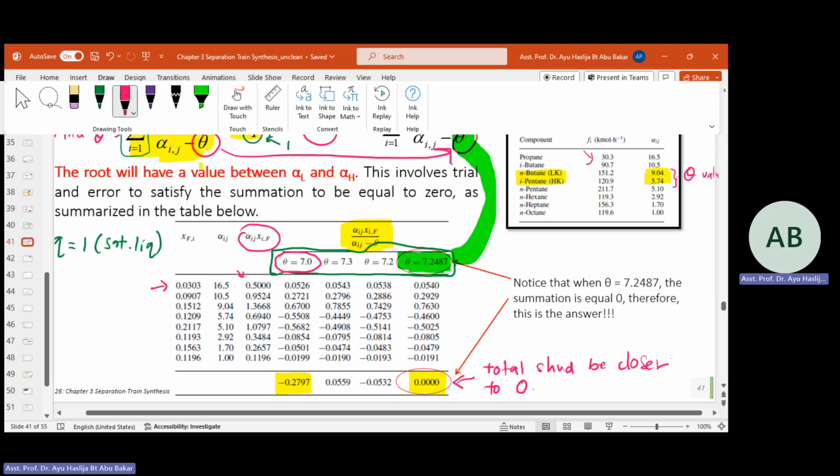No, the relative volatility is given, and we just straight away use the value.